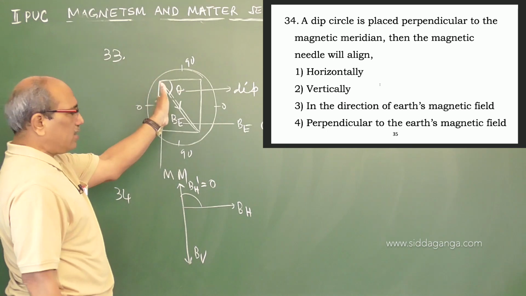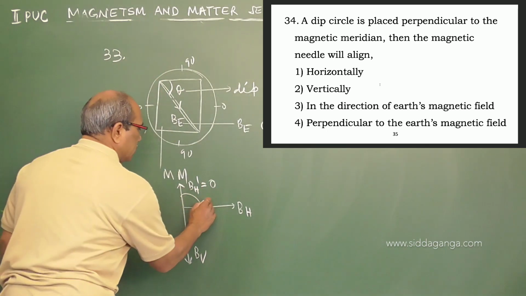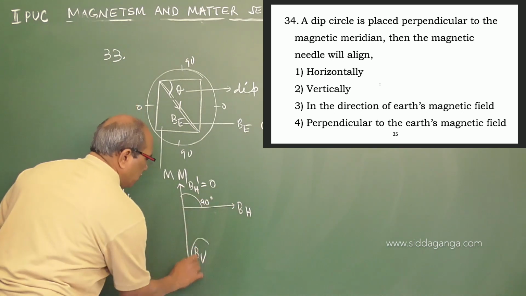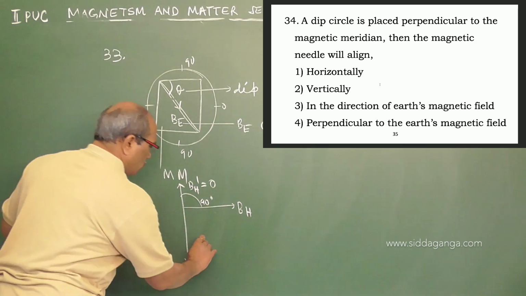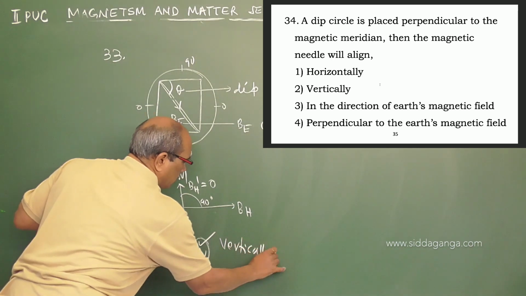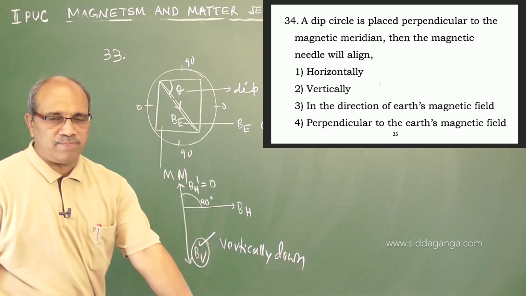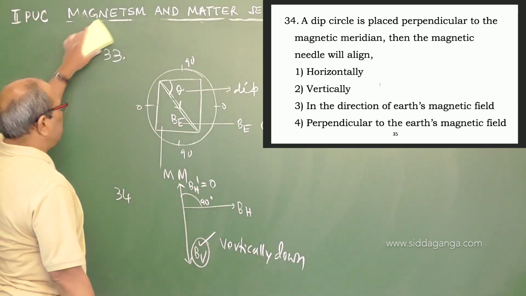With the magnetic meridian turned by 90 degrees, the component of BH in the 90 degree plane is 0. Only BV exists, which means the needle is vertically down, because BH becomes 0 in a plane perpendicular to the magnetic meridian.